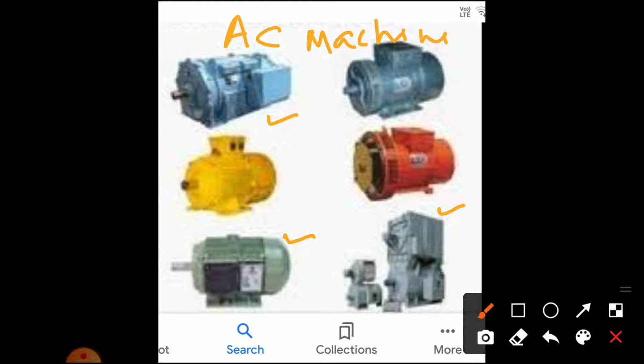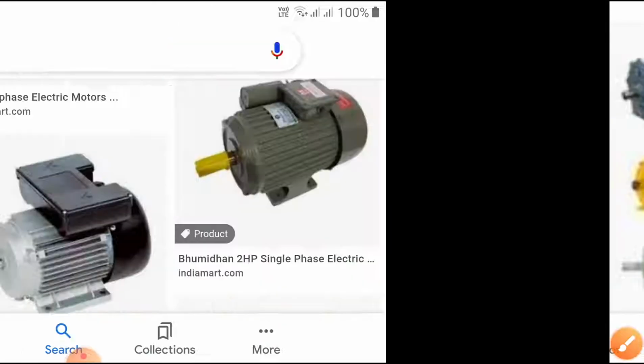Hence, to run any motor we require an armature. How is the armature winding wound in an armature core, whether it is lap winding or wave winding? You can see a few more AC machines.